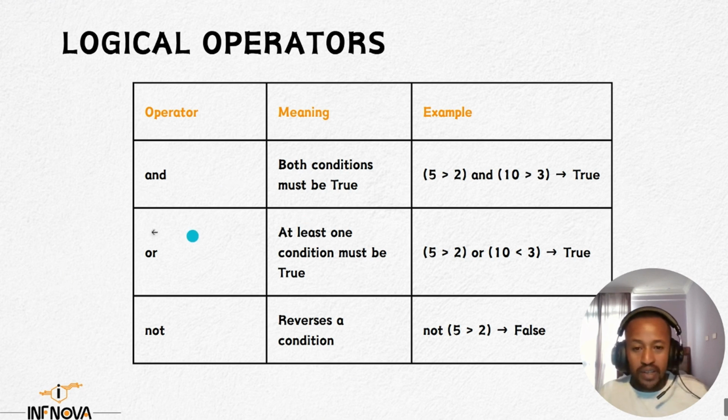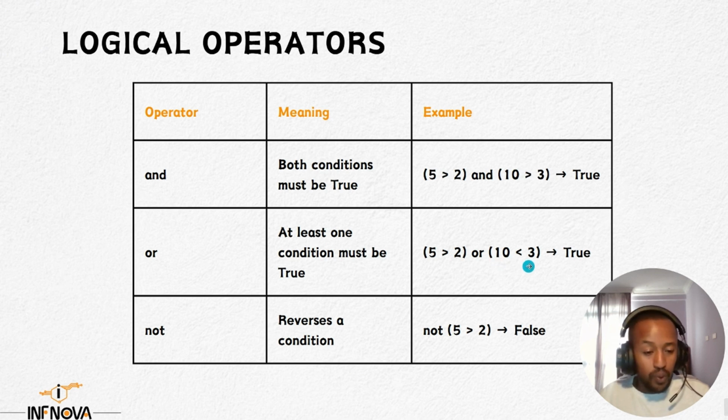You can check here, using the AND gate, 5 greater than 2, that's true. 10 greater than 3, that's true. When you connect them with AND, both are true, so it's going to be true. 5 greater than 2 is true, and 10 less than 3 is false.